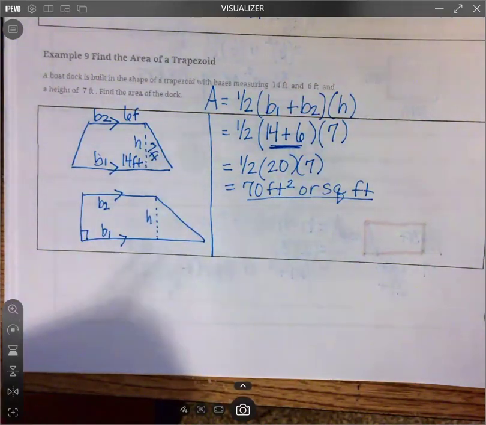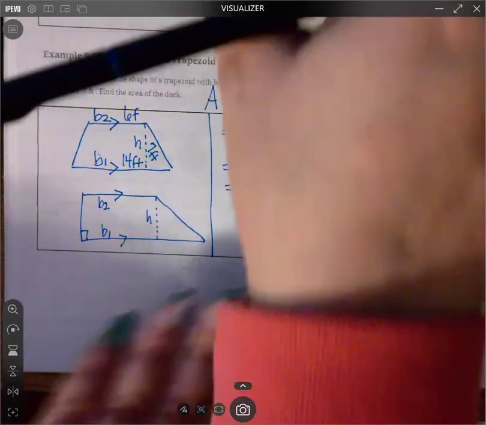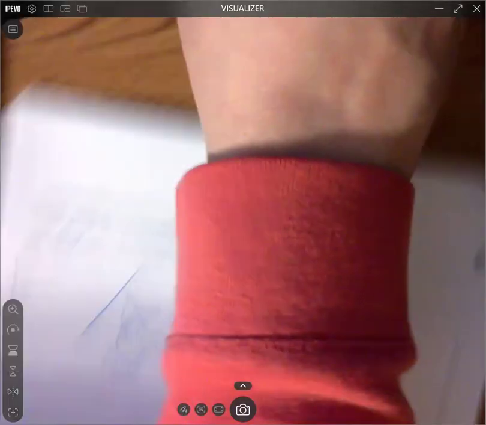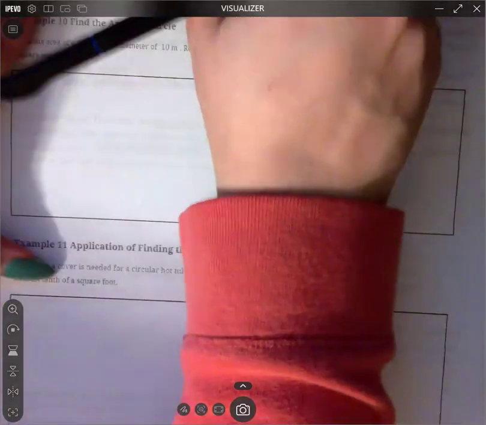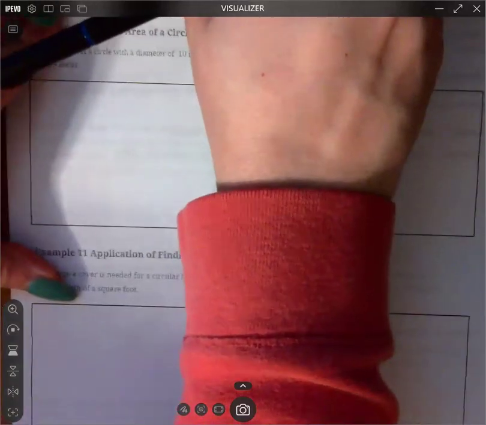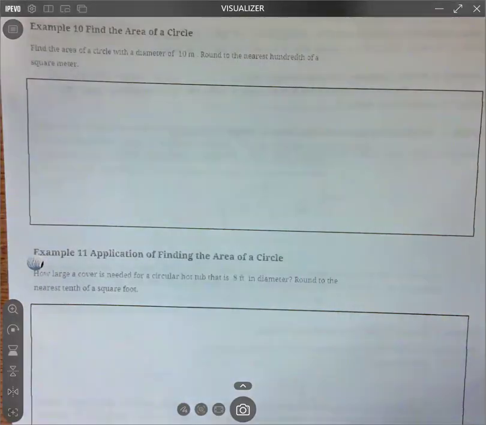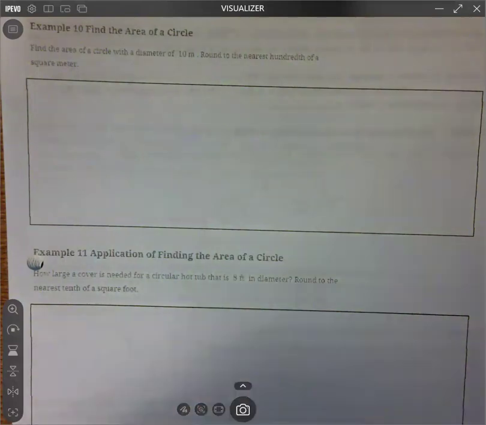All right, our last examples are going to have to do with the area of a circle. We've talked about circumference and the distance traveled with our bicycle. Area of a circle, again, is the amount of space inside that would be covered.